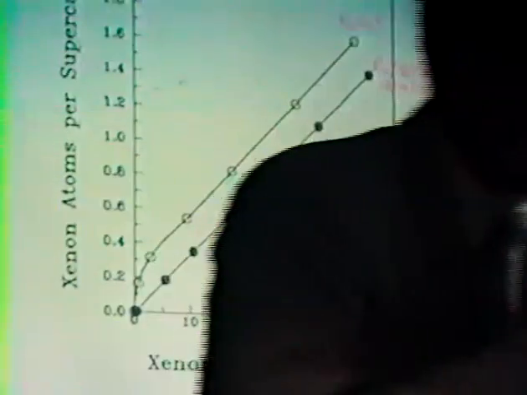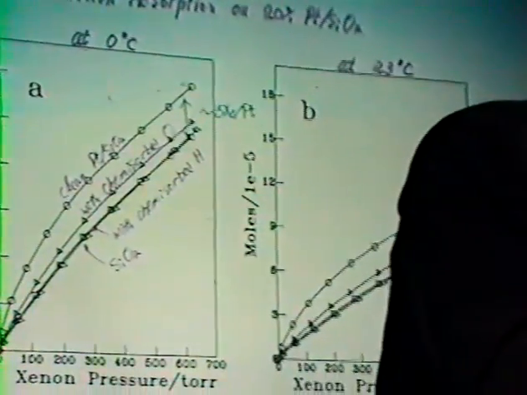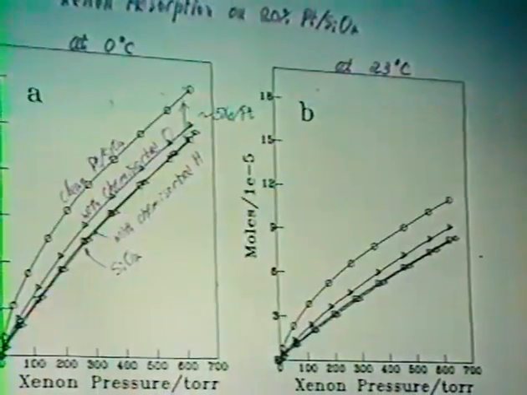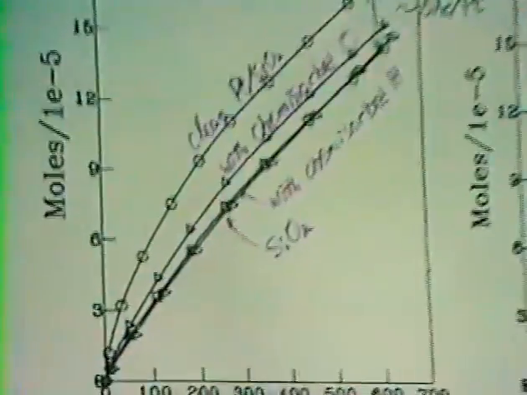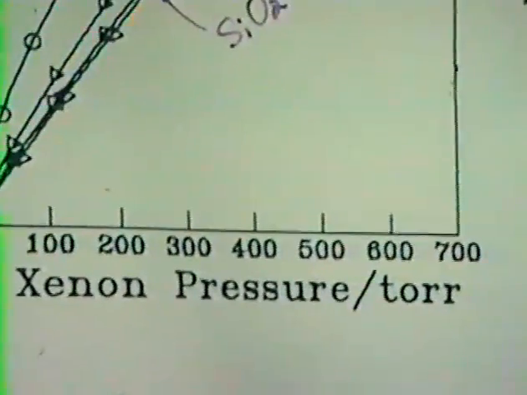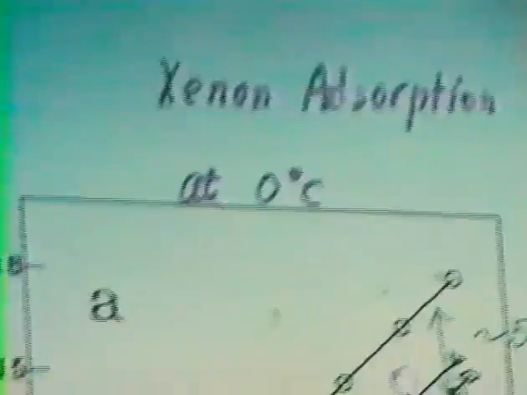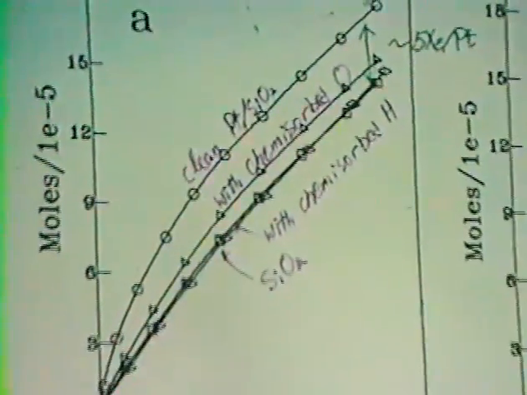So we did a similar experiment on unsupported platinum metal, but we failed to obtain a sample with high surface area because of sintering of unsupported platinum. So instead, we supported 20% of platinum on a silica surface, and then we obtained about 6 nanometer size platinum particles.